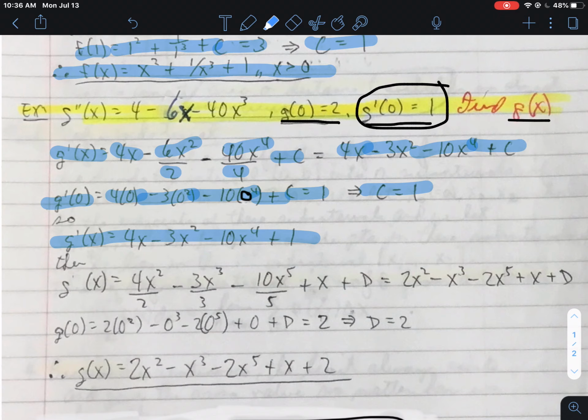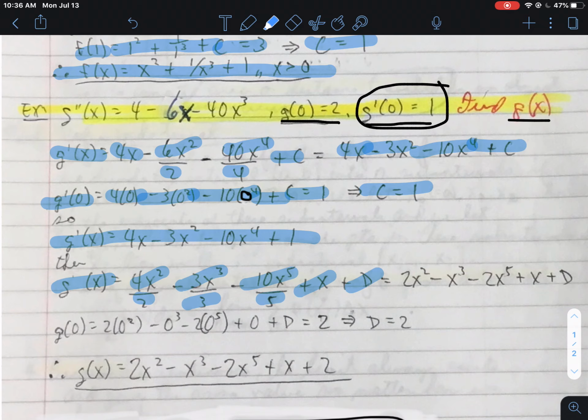And then we'll repeat the process and find our antiderivative of g prime, which is g, power rule, 4x squared over 2 minus 3x cubed over 3 minus 10x to the fifth over 5. The antiderivative of 1 would be x, plus I need an arbitrary constant.